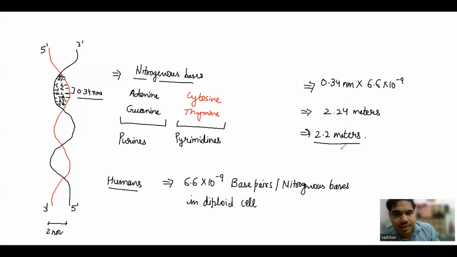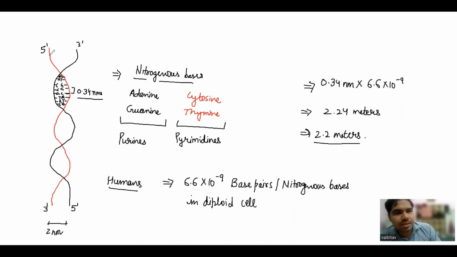So the correct answer is 2.2 meters. Why? Because we already know the distance between two nitrogenous bases. There are 6.6 into 10 to the power 9, about 6.6 billion bases in one DNA, and the actual distance between each is 0.34 nanometer.